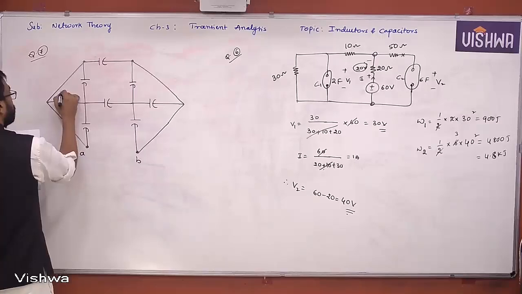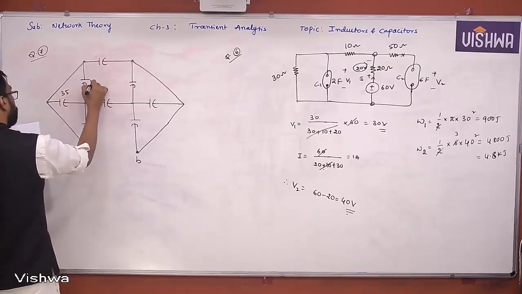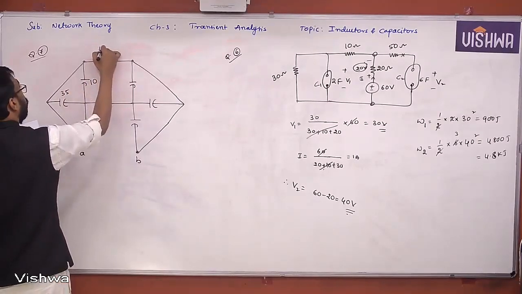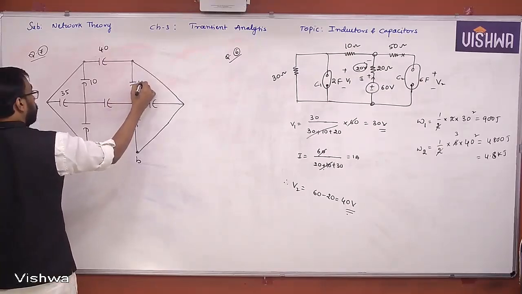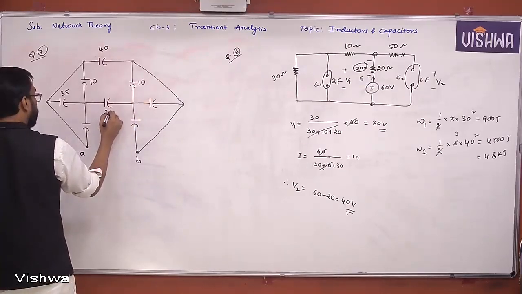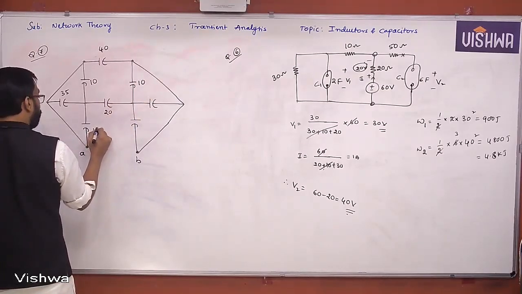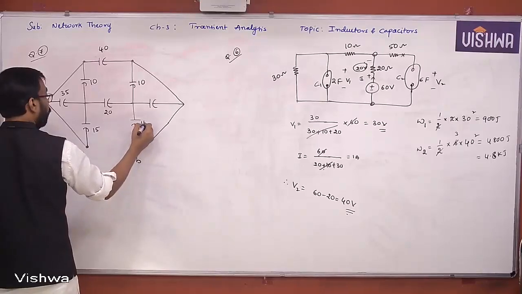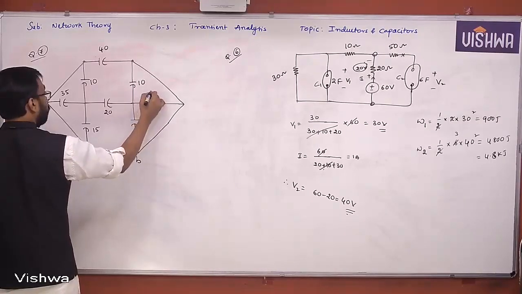Okay. This is 35 microfarad, 10 microfarad, 40 microfarad, 10 microfarad, 20 microfarad, 15 microfarad, 15 microfarad, 5 microfarad.